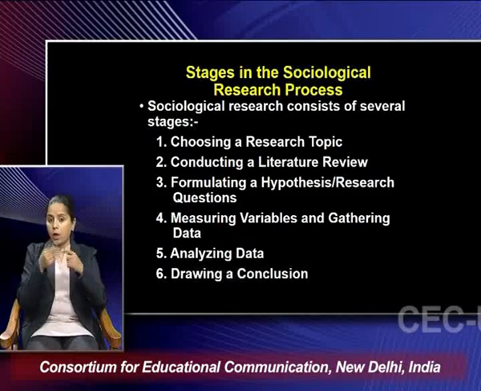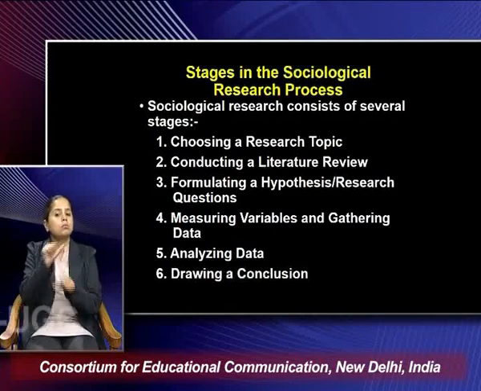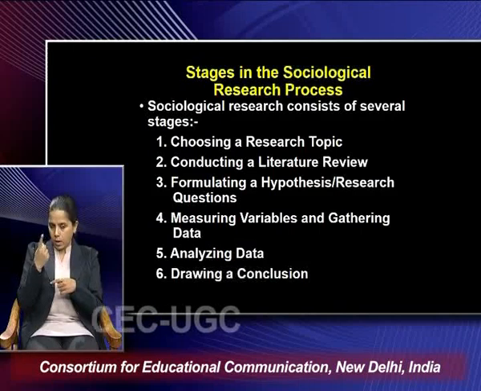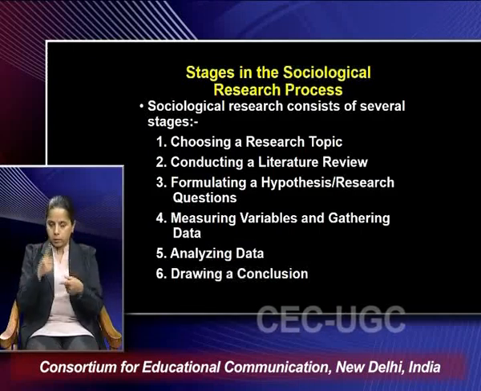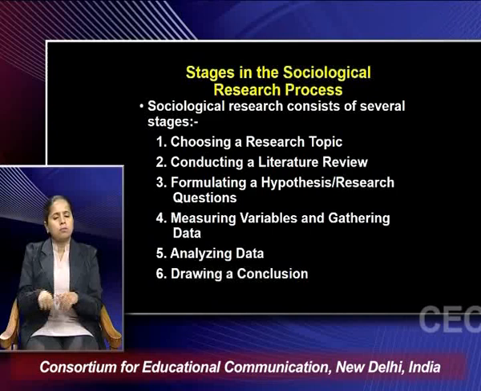Now, we'll try to understand the stages in the sociological research process. How do you go about doing research? This is not necessarily the same for everyone, but it gives us a good idea of how a sociologist does research, or we can call it the process of research. The first task for the researcher is to choose a research topic. The second, conduct an exhaustive literature review.